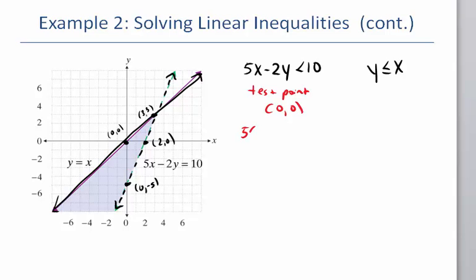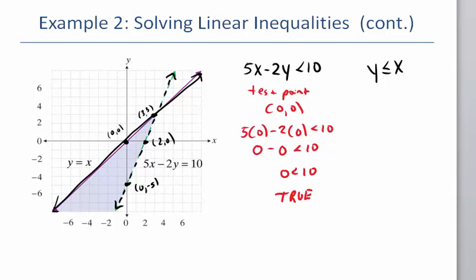I'm going to plug in the 0 for the x, the 0 for the y into the original inequality. This becomes 0 minus 0 is less than 10. 0 is less than 10, which it is. And so we know if we get a true statement, then 0, 0 should be included in the solution set.